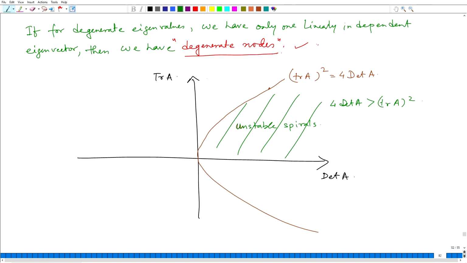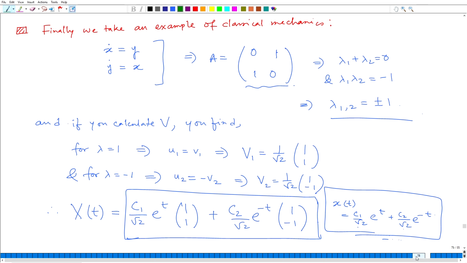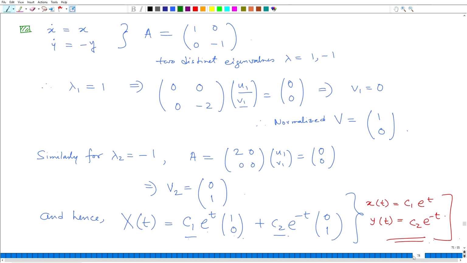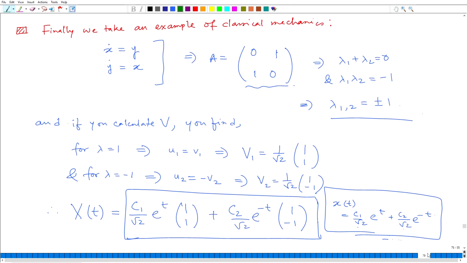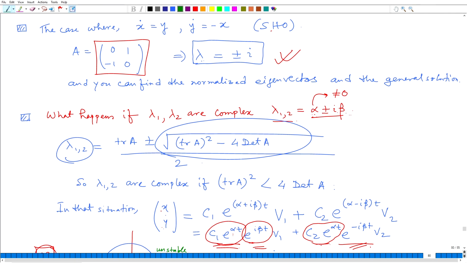And here, if you just remember this case from a little far back, you see that the eigenvalues are complex when 4 determinant of A is greater than trace A whole square.